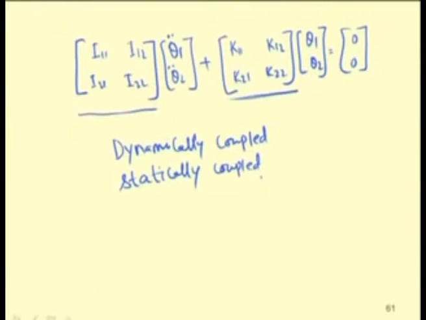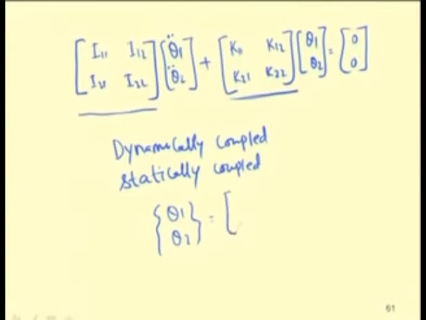So, if the off diagonal terms are present, then the systems are coupled. For this case it is both: if these off diagonal terms are non-zero, then the system is both dynamically and statically coupled.